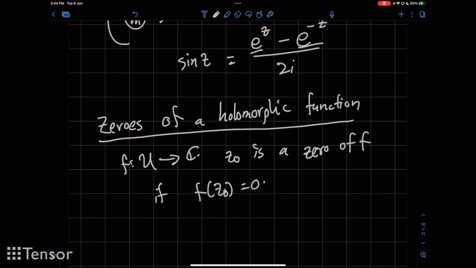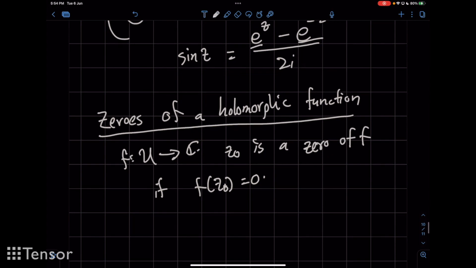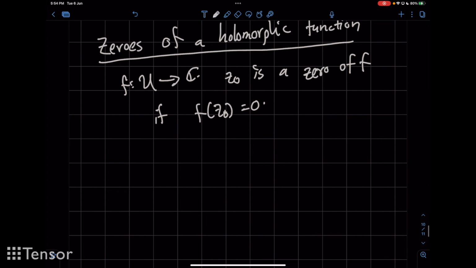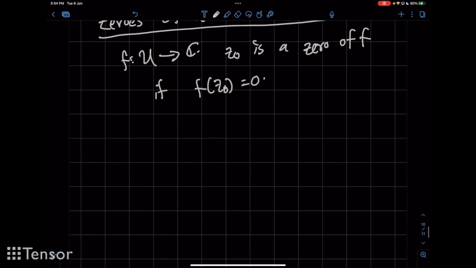Very simple as that. Now, we know that all holomorphic functions are analytic, right? So I have a power series representation centered at z naught. It looks like f of z equals the sum of c_n times (z minus z naught) to the power n, where the sum runs from n equals 0 to infinity.